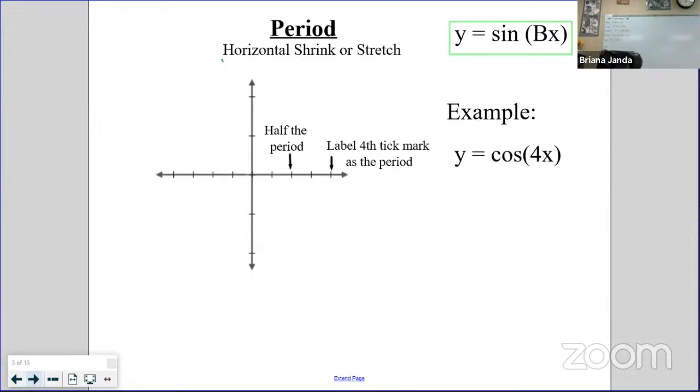Okay. Our last transformation then would be a horizontal shrink or stretch. Now, your horizontal shrink or stretch impacts what is called the period, the amount of time on the x-axis that it takes us to complete one curve. Very, very important is that you understand that this is related to, but not the same as the number b, the multiplication number you see in your equation.